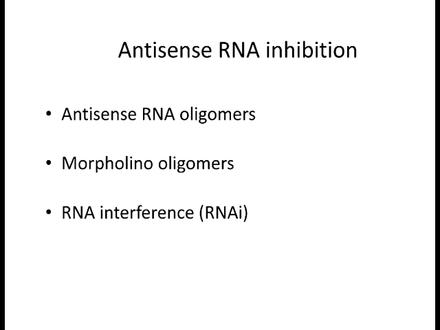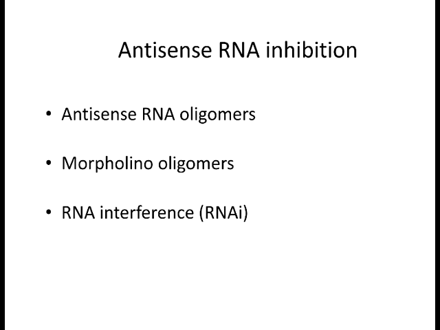And these microRNAs can be antisense to the RNA that's synthesized. And again, these antisense RNAs sit on the RNA, preventing translation, thereby preventing the protein from being made. So instead of actually targeting the gene itself, we're just targeting the RNA of that gene. It's just another way of getting rid of the protein.